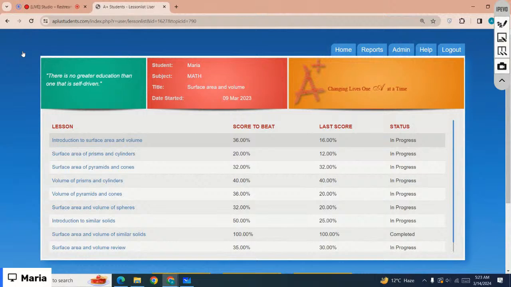Okay, the next lesson is surface area of pyramids and cones.